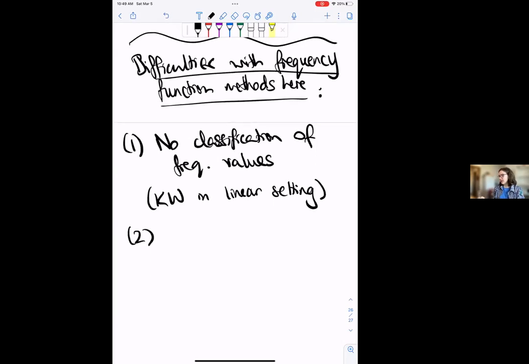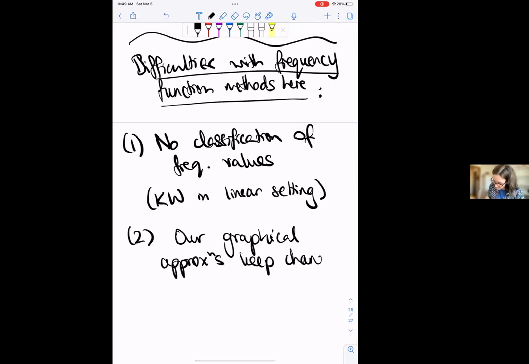And also, as I already mentioned, our graphical approximations keep changing. So even though we can use a frequency function for each individual one, it's not so easy to actually relate what happens between these things, because somehow you'd like to continuously vary the blow-up scale and use that to relate the graphical approximations.